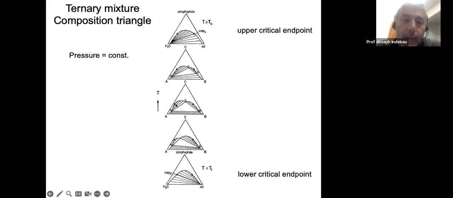And so on. And so when we would arrive at this particular point here, at this particular composition, we would be at a critical point where 2 of the phases have become identical. And we would not have a 3rd phase present because we would be outside of the 3-phase region.